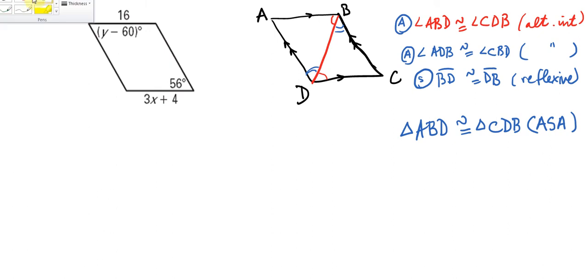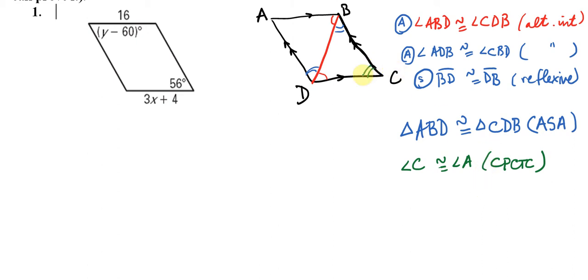Now, because the triangles are congruent, we can now say that the corresponding angles are congruent. So angle C must be congruent to angle A by corresponding parts of congruent triangles are congruent.